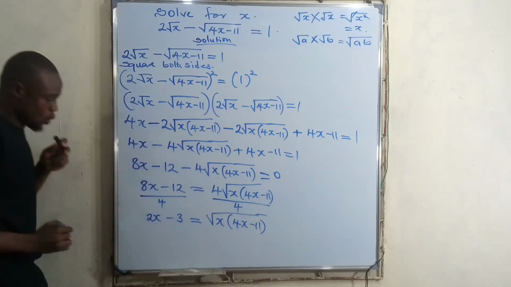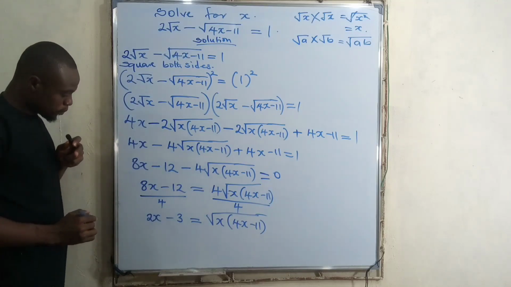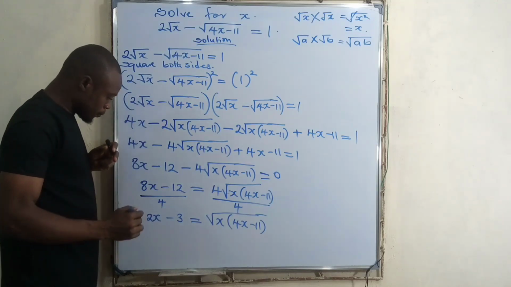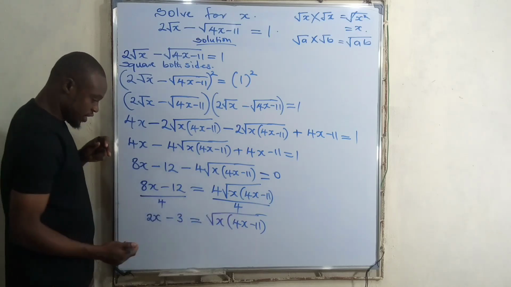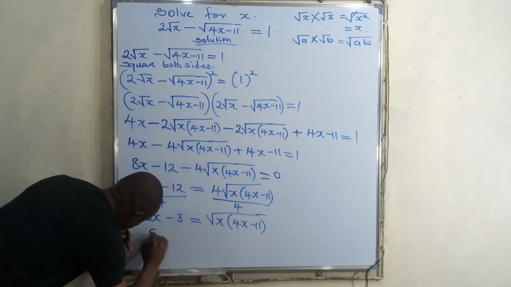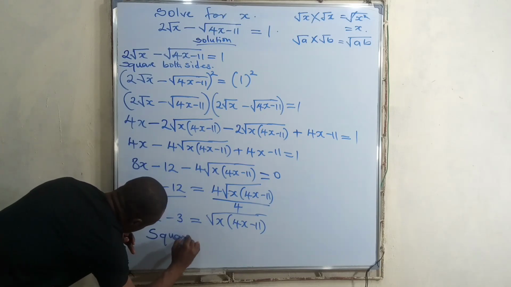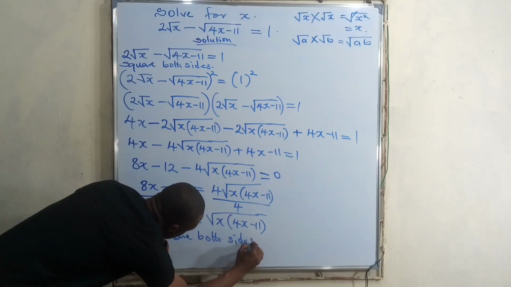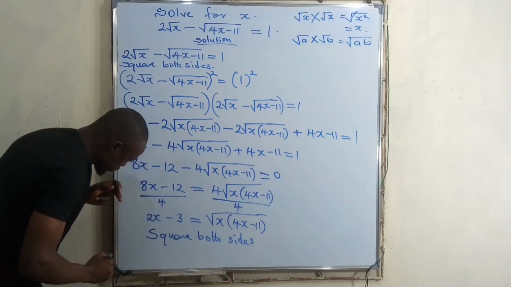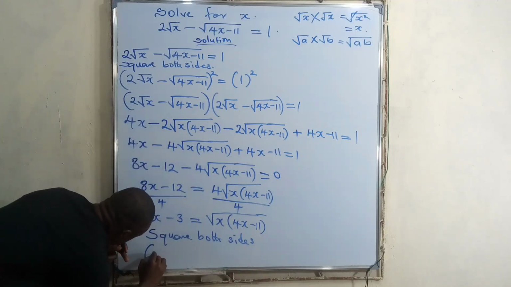So the 4 is gone. All right. So the next thing to do now is to square both sides because of the root there. So square both sides. Final squaring. Square both sides now. So I'll put them in bracket also.